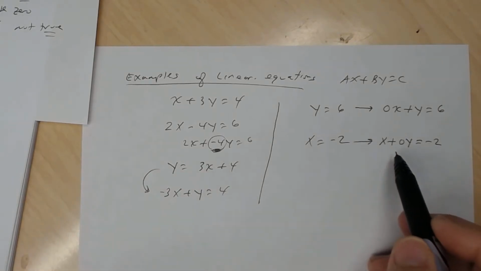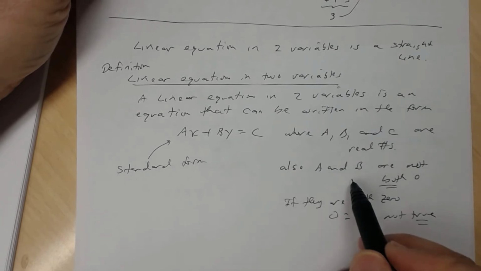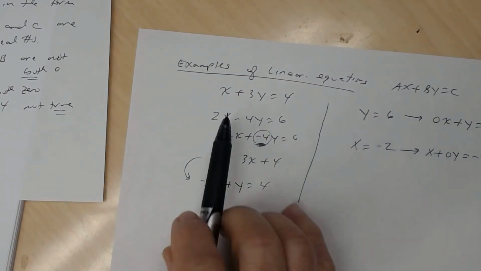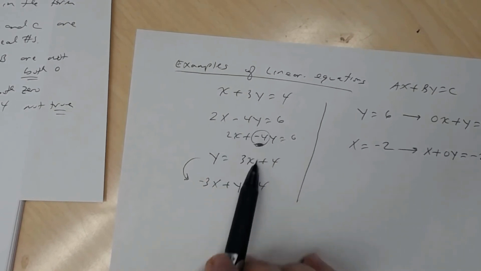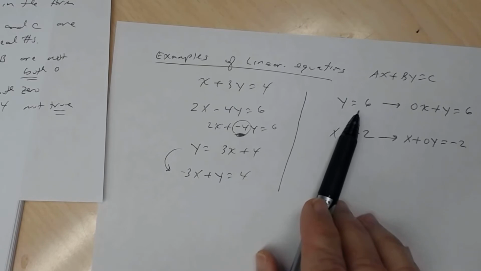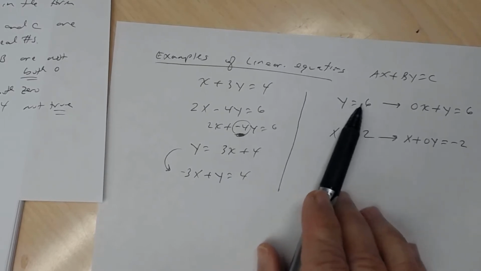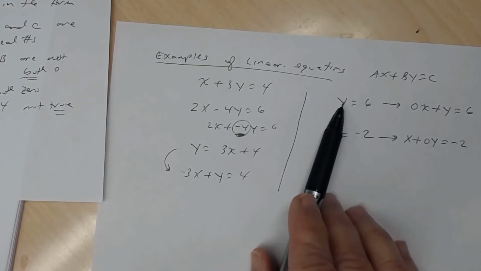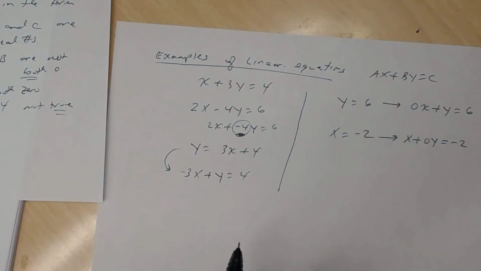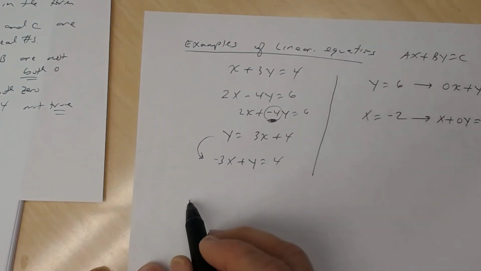So that goes back to the fact that either a or b can be 0, but they cannot both be 0. All right, so these are easy to see that those are linear equations. And now you can see that if you are missing a variable, it's still a linear equation because you can rewrite it with a coefficient of 0. Now here are examples of equations that are not linear.